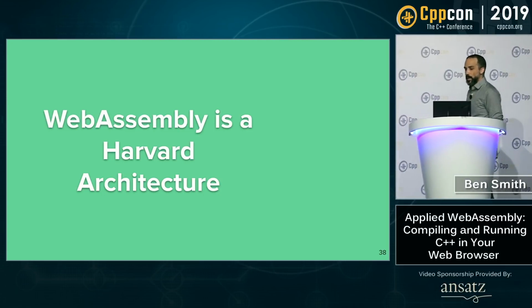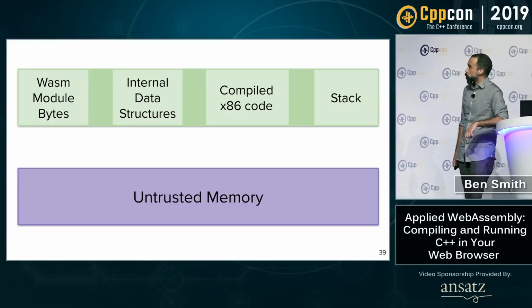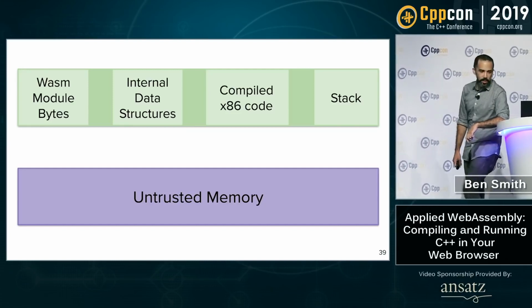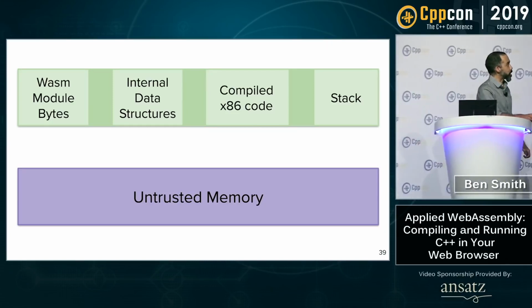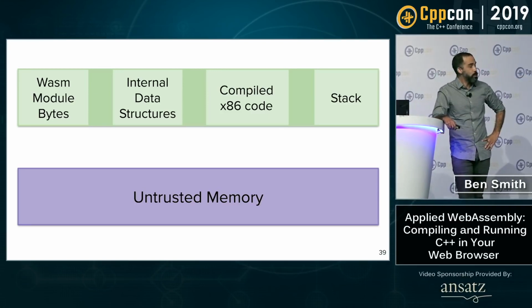So that might look something like this. The top part would be, say, your trusted code. You might have things like the binary format of your WebAssembly blob. You might have some internal data structures. You'll probably have your compiled x86 code, and then the actual call stack.